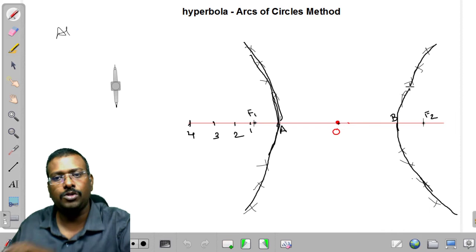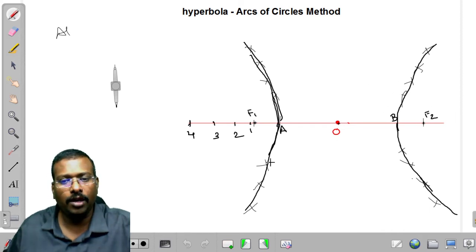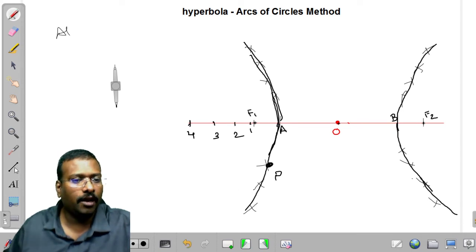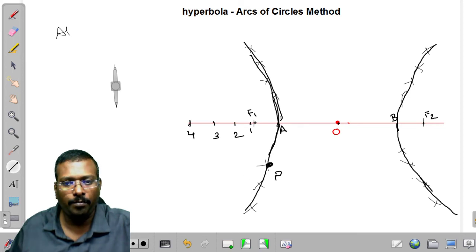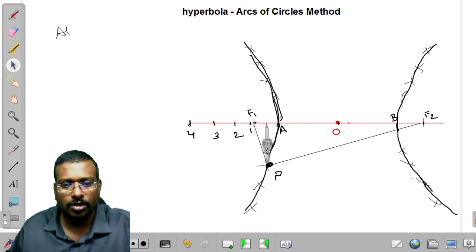Similarly, the same procedure will be applicable for the hyperbola. So if I want to draw the tangent and normal at this point P, join PF1 and PF2. Now we have to bisect this particular angle P. We know how to bisect it.